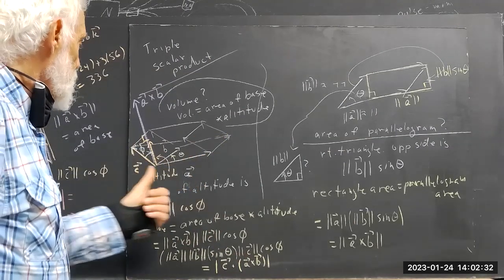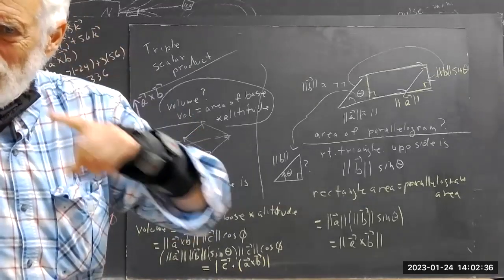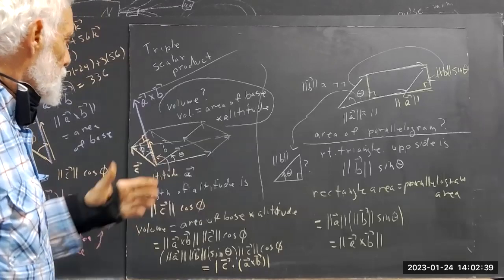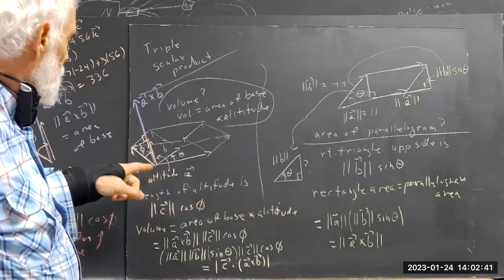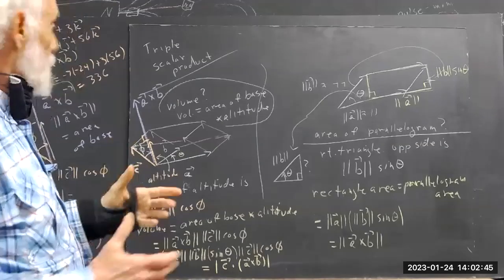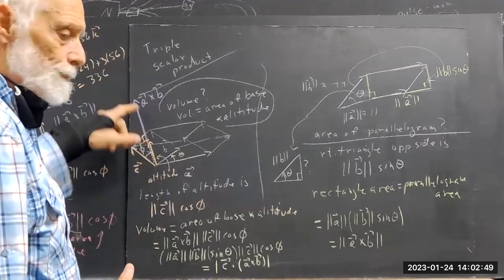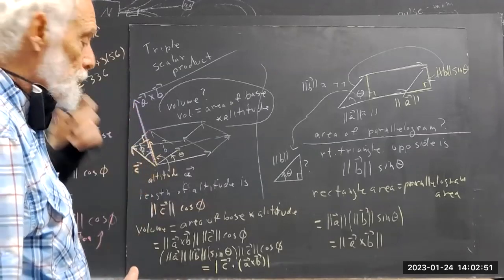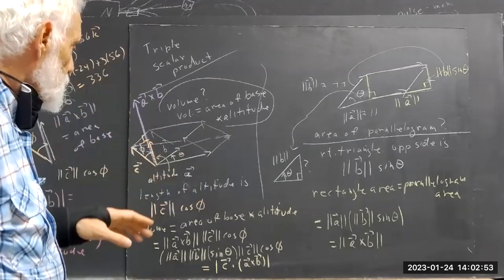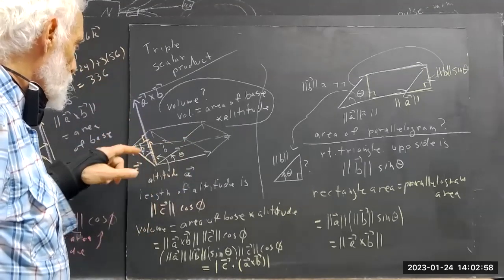Now we have the C vector, which goes at a pretty big angle like that. It cuts through the parallelogram and so forth. The C vector that I'm actually using makes a much bigger angle with the A cross B vector than the one I draw here.